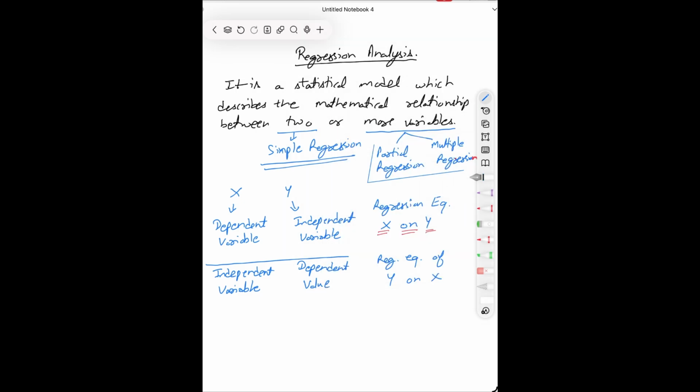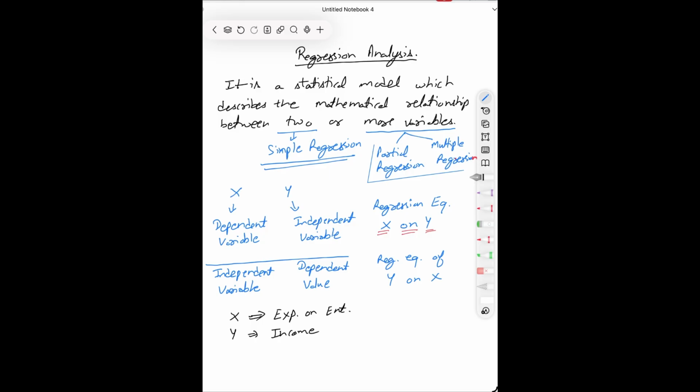Let us say you have assumed that variable x is the expenses on entertainment that you will be doing, and variable y is your income of the month.